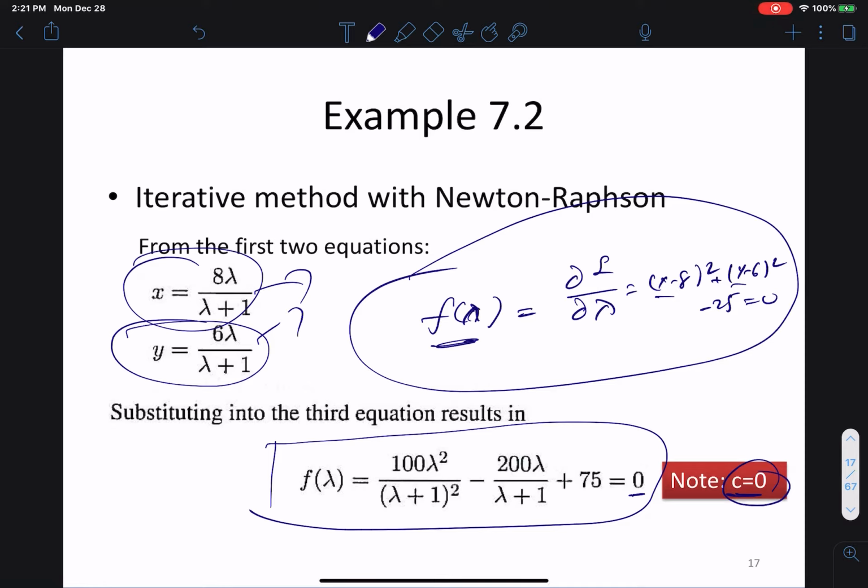So that means your delta C K would be 0 minus your F, right? Lambda K, right?